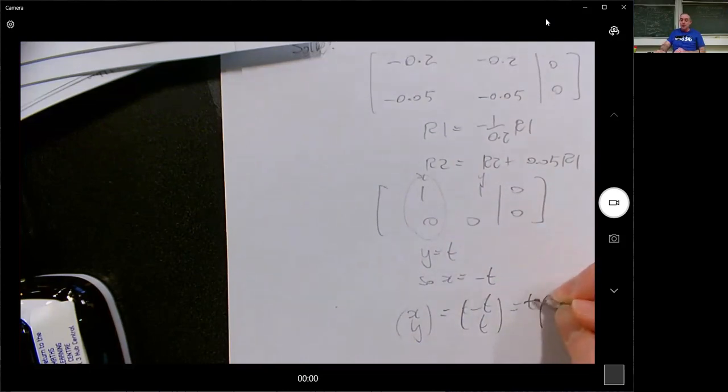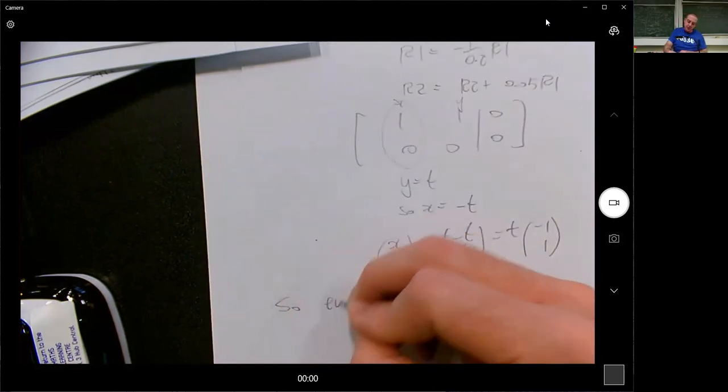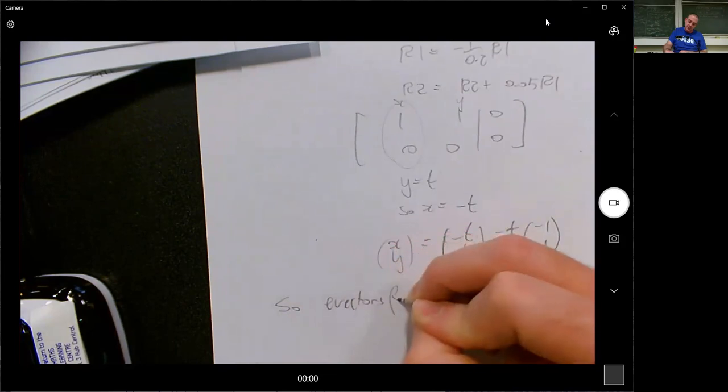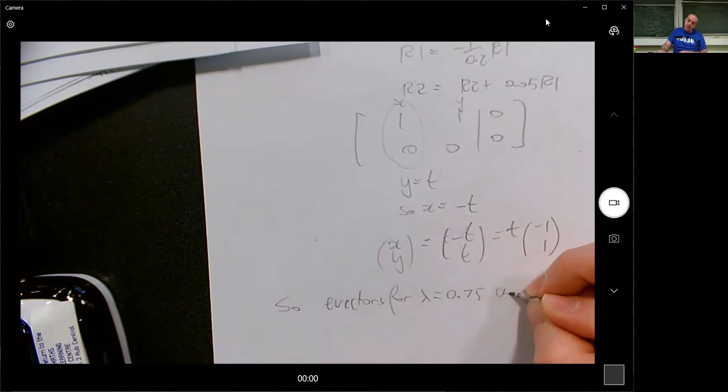And yes, you could use a different letter here if you wanted, but nobody cares. So the eigenvectors for eigenvalue lambda equals 0.75 are t times (minus 1, 1) for t not equal to 0.